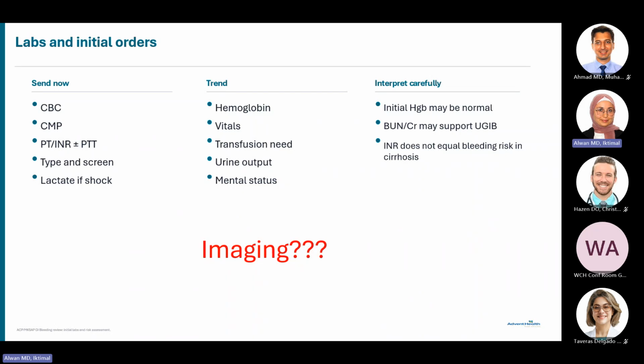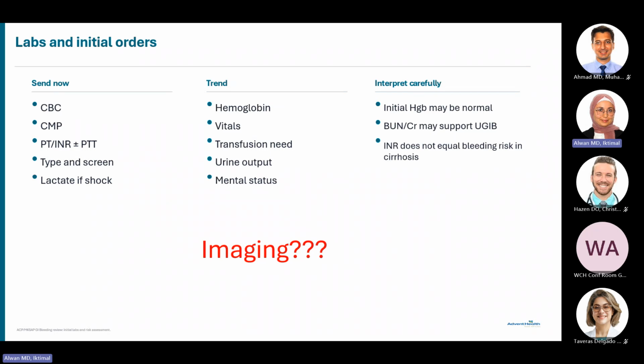And what do you think? Do we really need imaging in upper GI bleeding? Or let me phrase it this way. When do we order imaging in upper GI bleeding? Oh, ulcer perforation. Okay. Yes. So that's the thing.